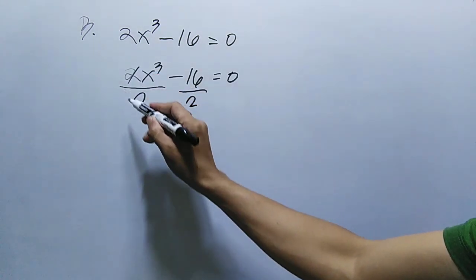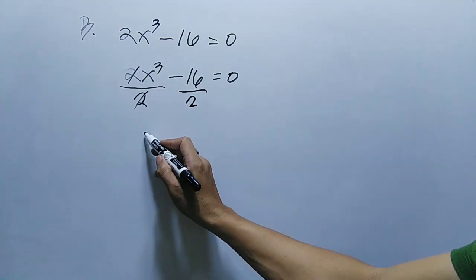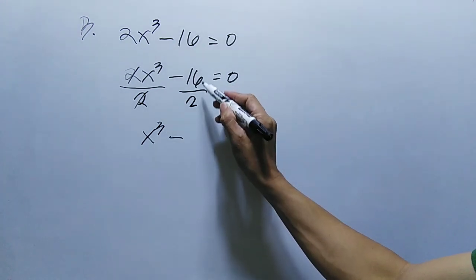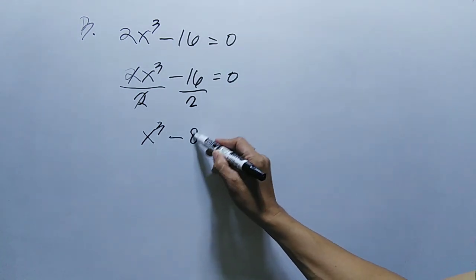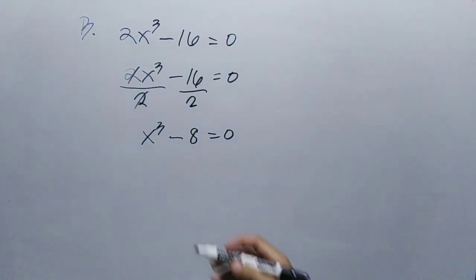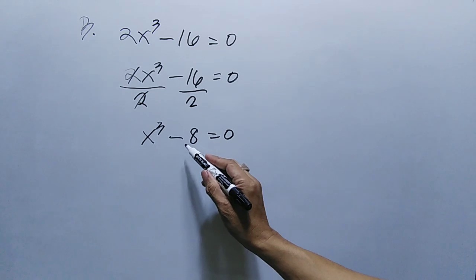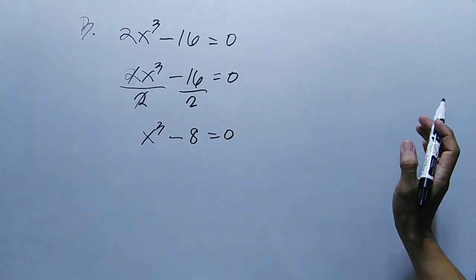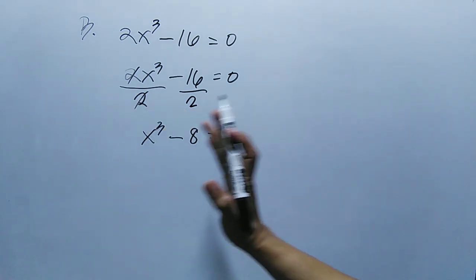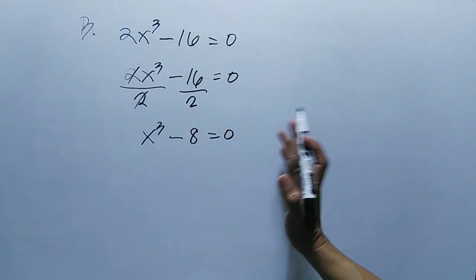Ngayon, i-cancel natin yan si 2. So, ang naiwan dito, si x cubed minus 16 divided by 2 is 8 equals 0. Okay? Ngayon, i-transpose natin yan si negative 8 to the right side, or mag-add tayo ng 8 sa left, mag-add din tayo ng 8 dito sa right.